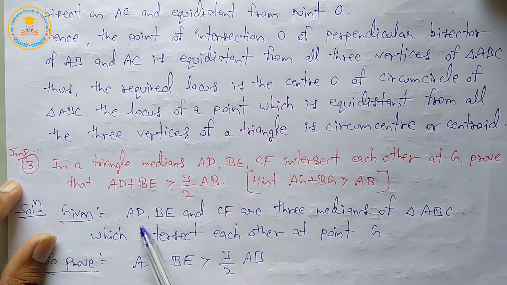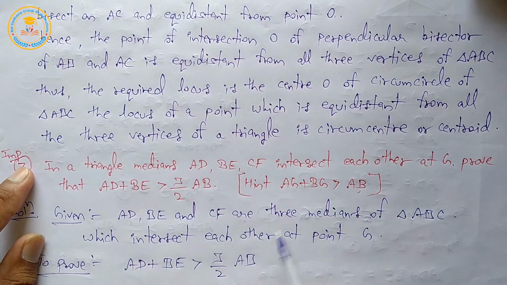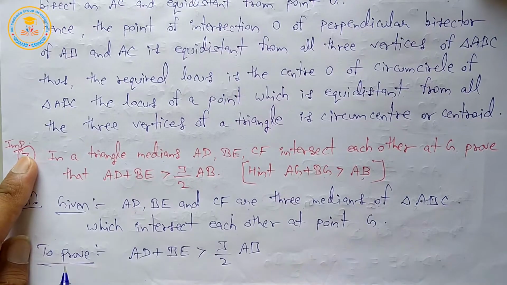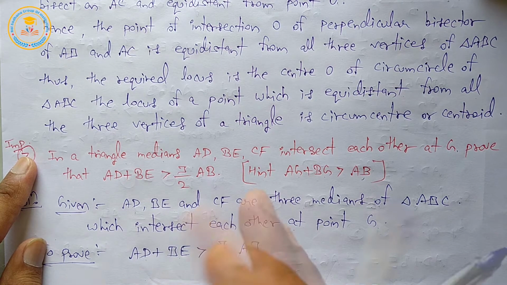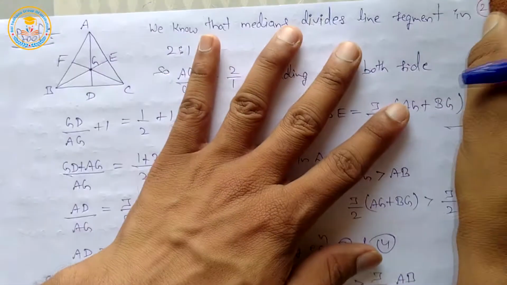First we draw triangle ABC. In triangle ABC, mention AD as the first median, BE the second, and CF the third.